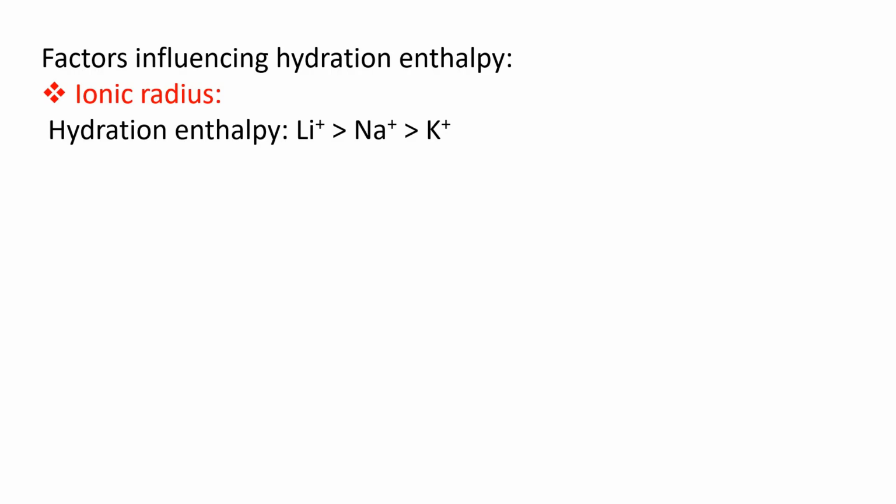Lithium, sodium, potassium, they are in the same group, group 1, and from lithium to sodium they are going top to bottom. So when you are coming from top to bottom in this group, what is happening? Hydration enthalpy decreases. That means hydration enthalpy is maximum for the ion which is at the top.